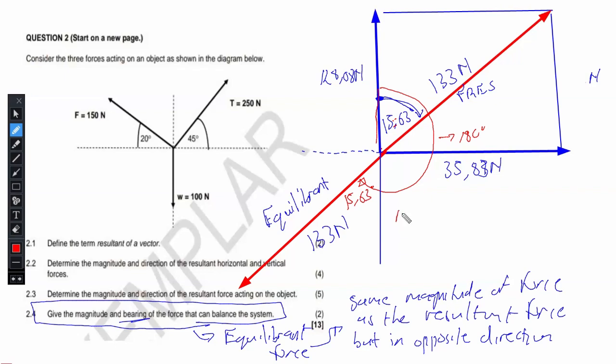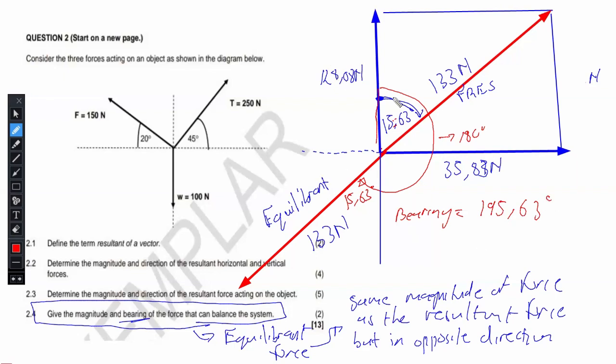Now the bearing here will be in what direction? So that means the bearing would have to be 180 plus that 15.63. And then we are going to get an angle of 195.63 degrees.